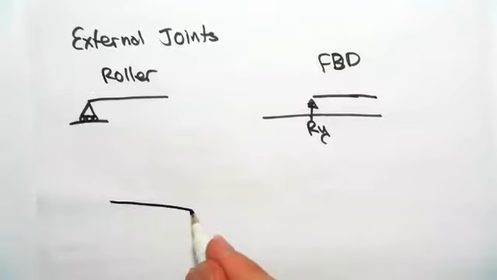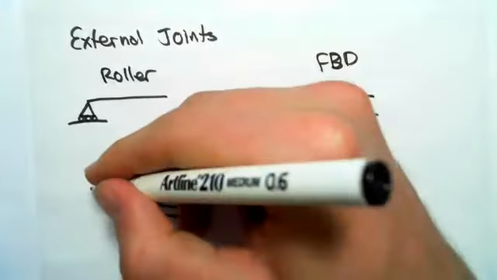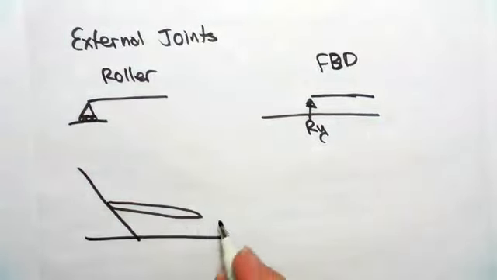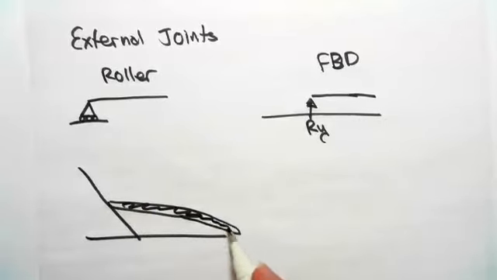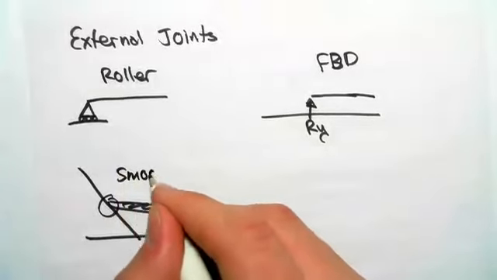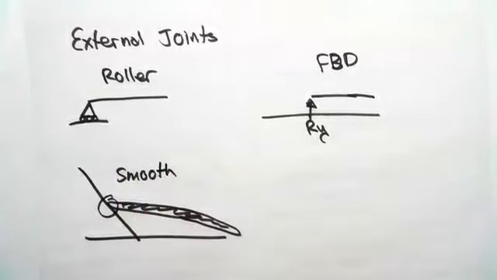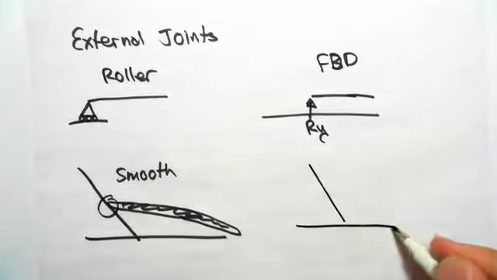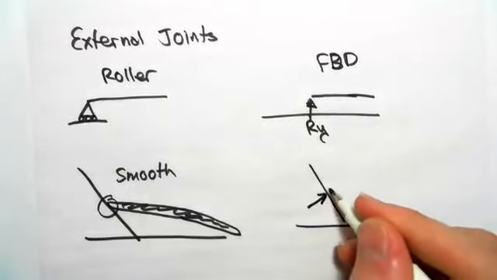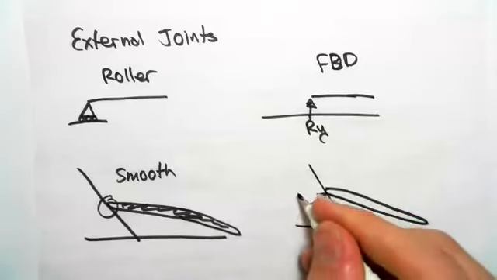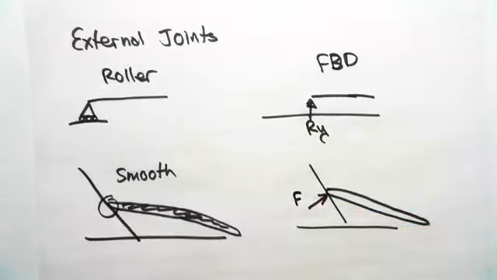So if we have a beam, let's say, resting on a wall like that. So this here is the smooth joint. And a free body diagram of this looks like you literally just have the normal force there. So again, it's just the force in the one direction.